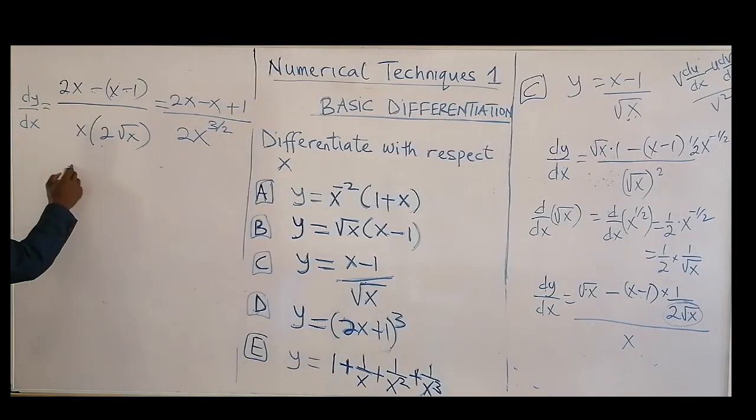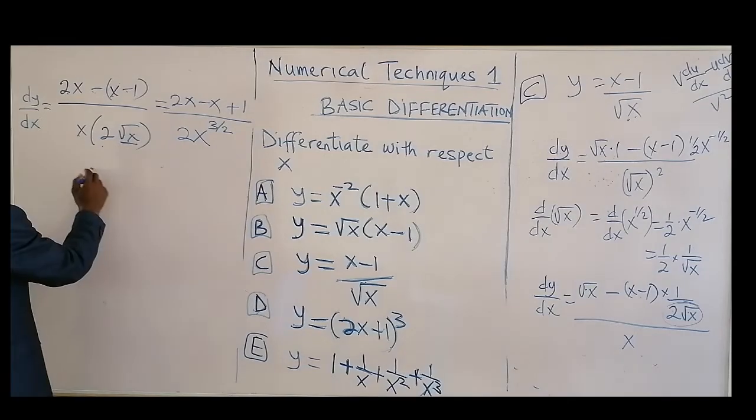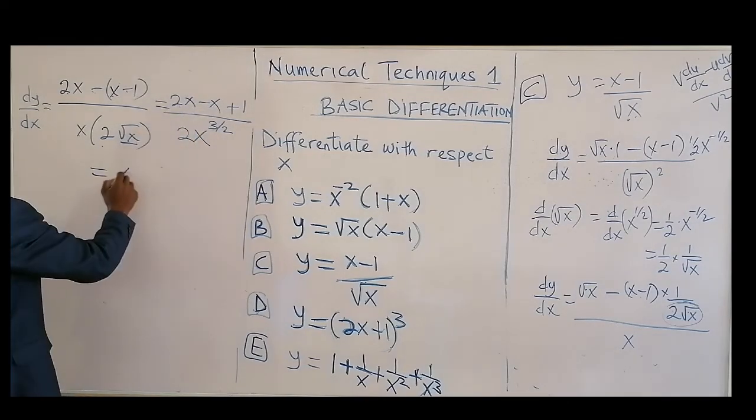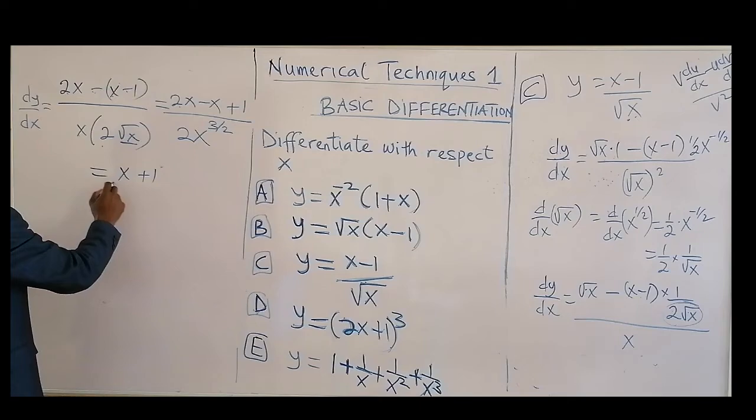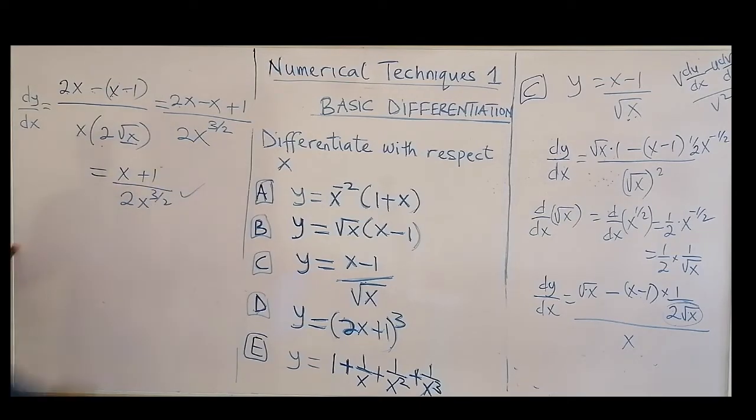Just add the powers together, that's 3 over 2. You now have 2x minus x, that's x, plus 1, all over 2x to the 3 over 2. That's the answer for that one.